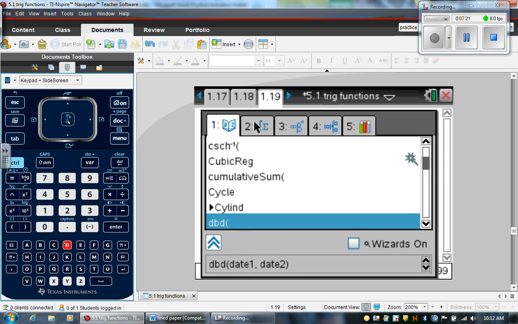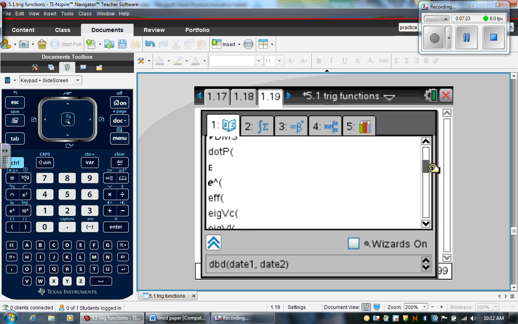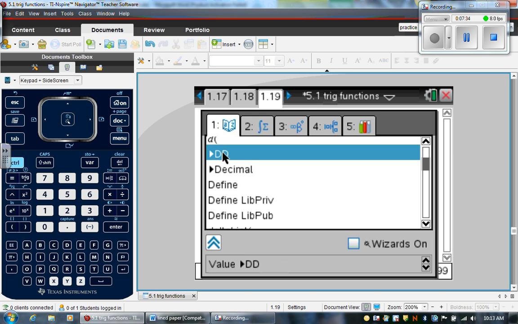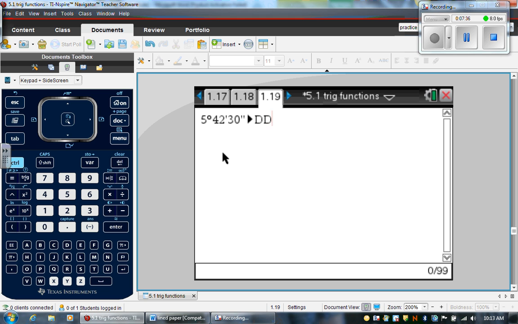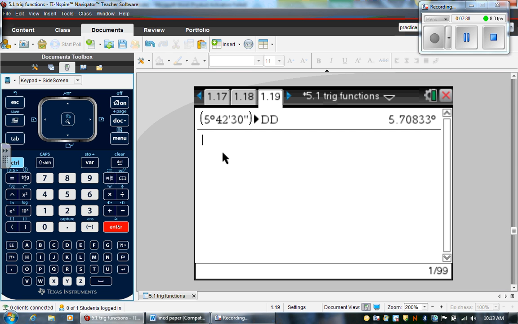I could hit D, and that would bring me there faster. Okay, so right here. So DD, we're going to select it, and then I'm going to hit enter, and it's going to give it to me in degrees, so about 5.71 degrees. So in the calculator, it's very quick and simple, but again, you do have to know how to do it by hand.